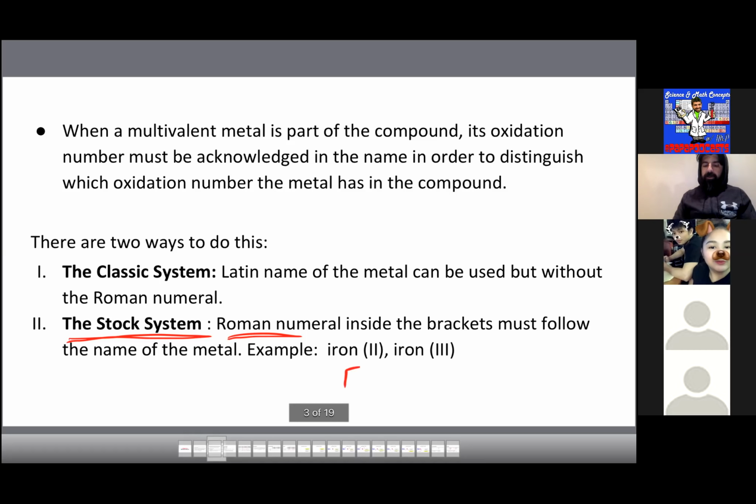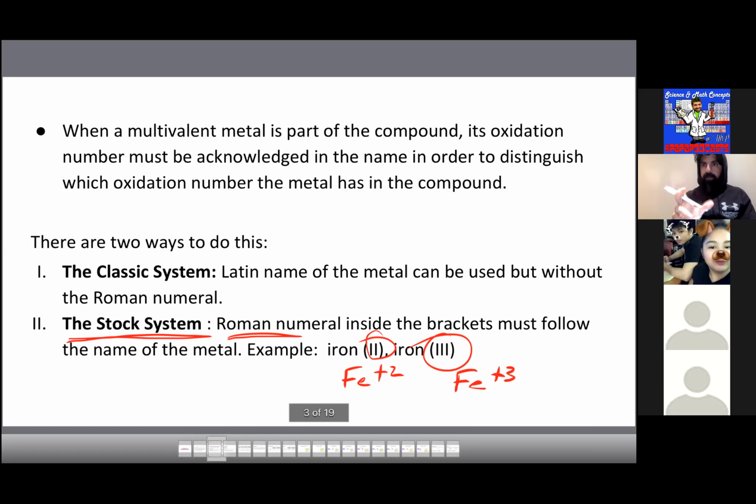So iron 2 means that we're using the +2 charge. So that's with the Roman numeral. The iron 3 implies that we are using the +3 charge. So we actually will state with a Roman numeral which of the oxidation numbers we are to use with the metal. Remember, this is only with metals.